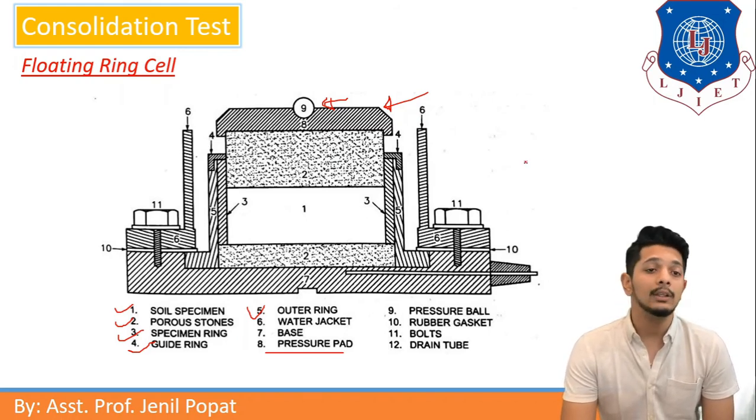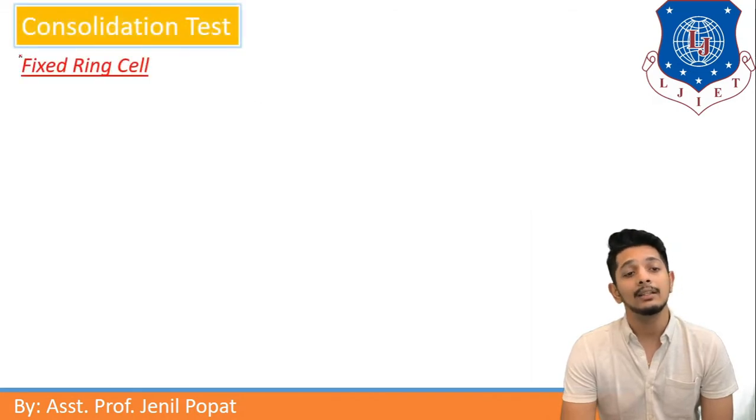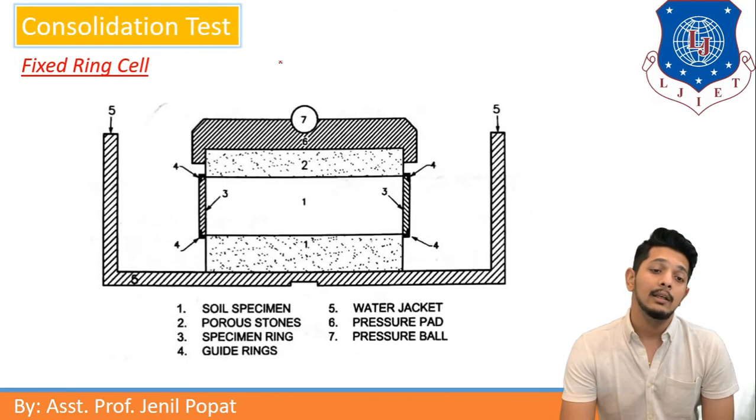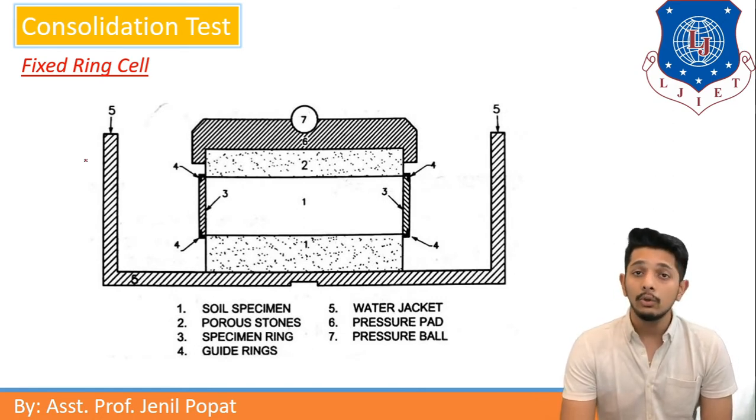Let us move further and see another type of cell, that is the fixed ring cell. Here you can see the figure of the fixed ring cell. Due to no floating arrangement, it is a fixed ring cell. Here also the soil specimen is kept in between porous stones, and the specimen ring and guide rings are also provided, like here as I am showing this.